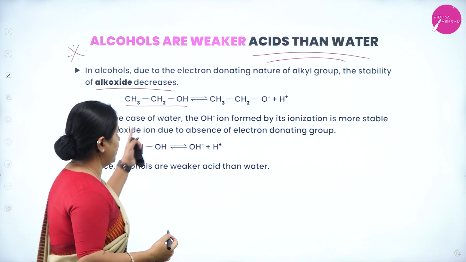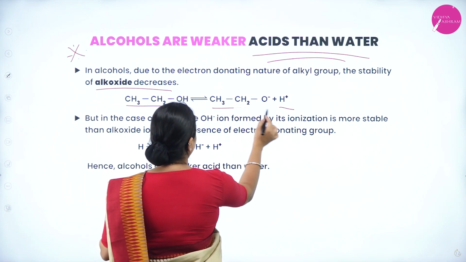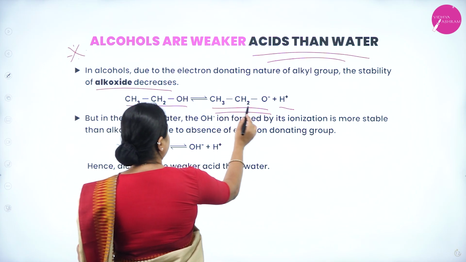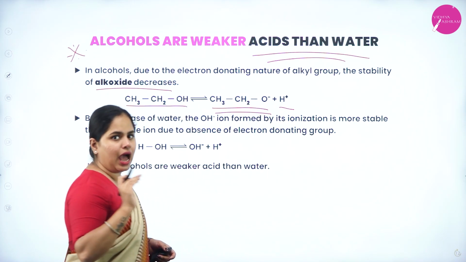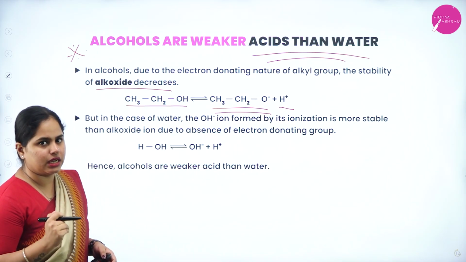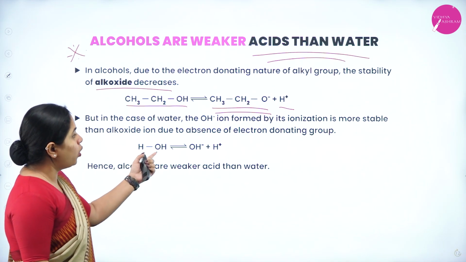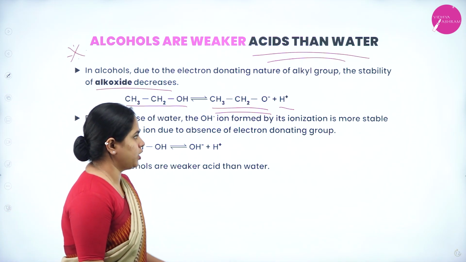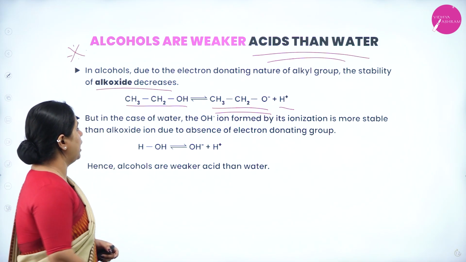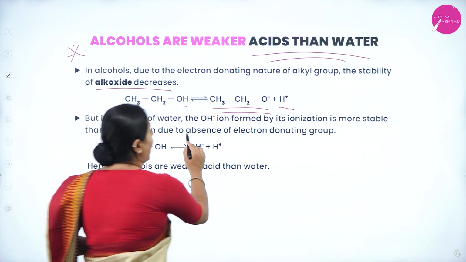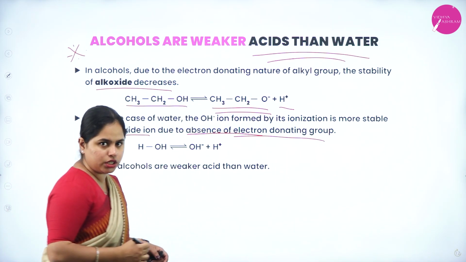What happens when H plus is released? It forms an alkoxide, that is CH3CH2O minus. Its stability decreases, hence acidity will be less. But in the case of water, OH minus ion is formed by its ionization. It is more stable than the alkoxide ion due to the absence of an electron donating group, right?